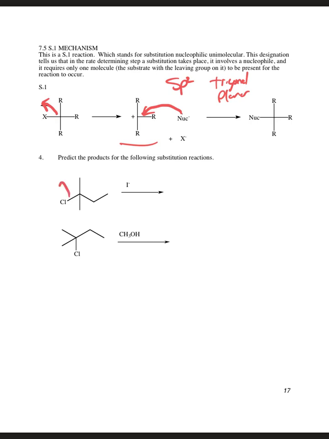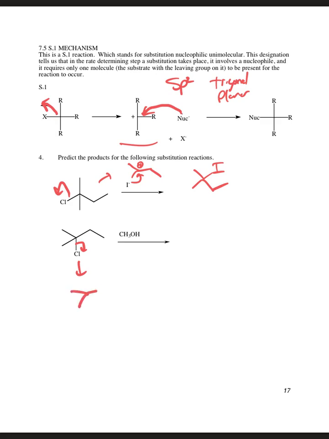So in this first one, the chloride's going to leave. We're going to form our cation, and then the iodide's going to add, and we're going to make the 2-iodo-2-methylbutane. Okay, there is no stereochemistry because we didn't start with any stereochemistry. We don't have to worry about that in this case. Okay, and the second one, the chlorine leaves.